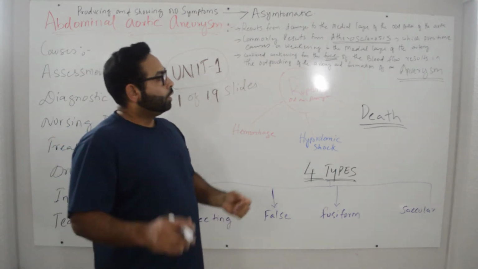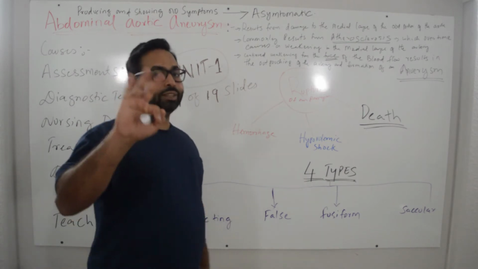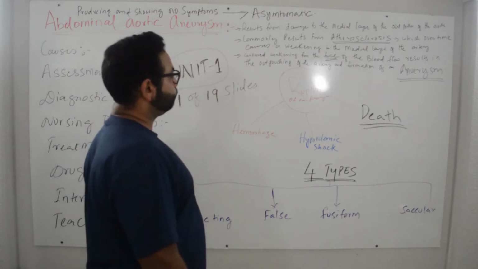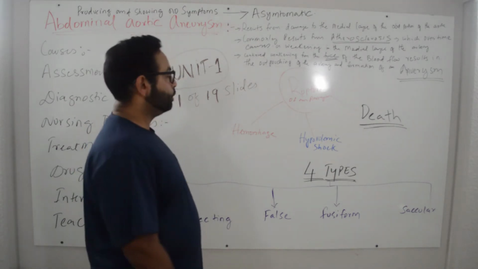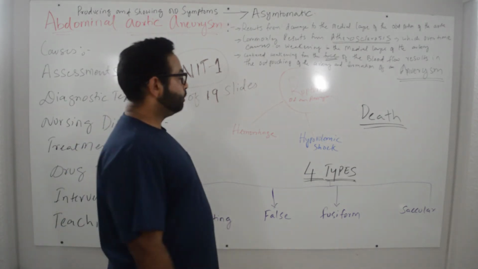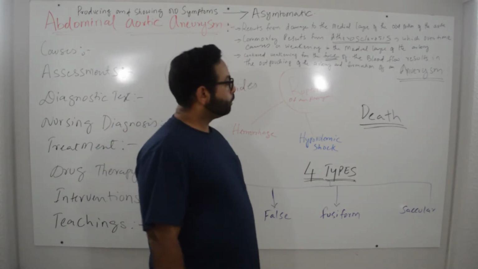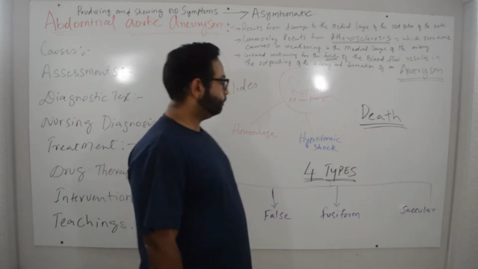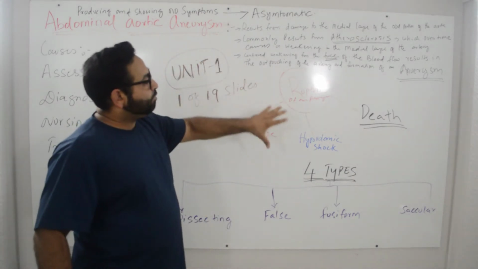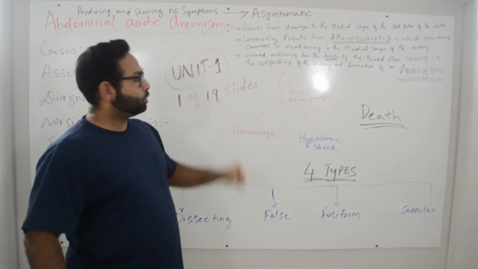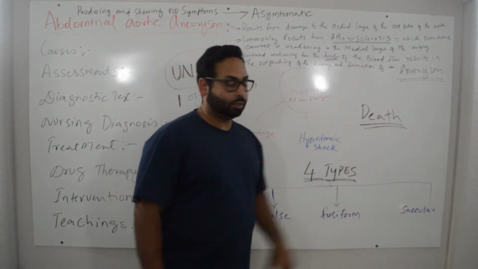Okay. So what happens when it ruptures? Three things happen when it ruptures: hemorrhage, which is bleeding, internal bleeding, hypovolemic shock, and death. Now, you have to know this, what happens when an aneurysm ruptures: hemorrhage, hypovolemic shock, and death.